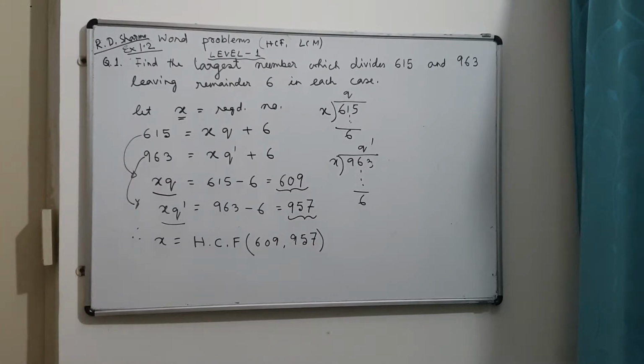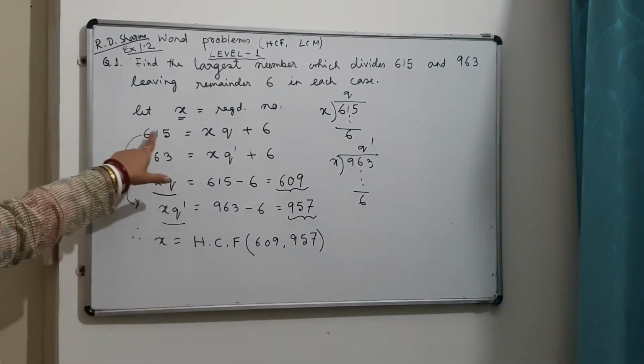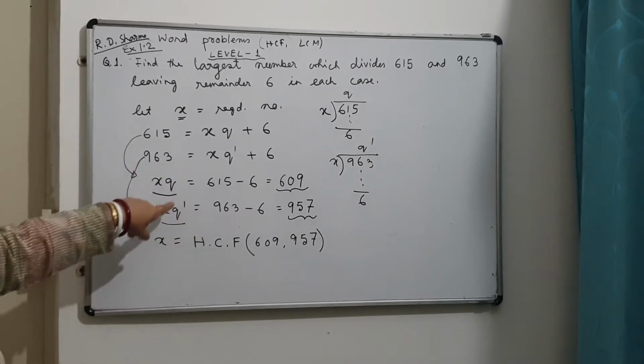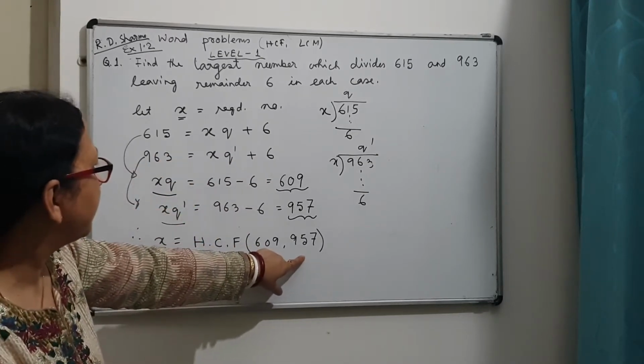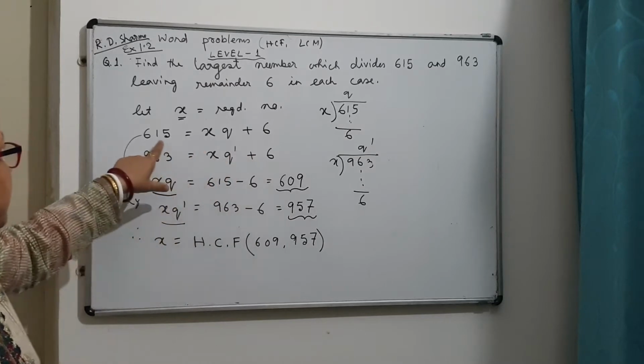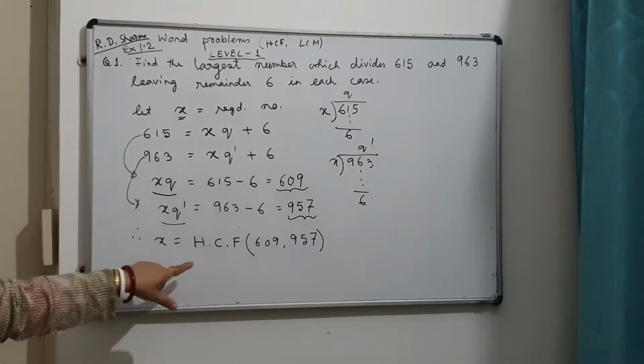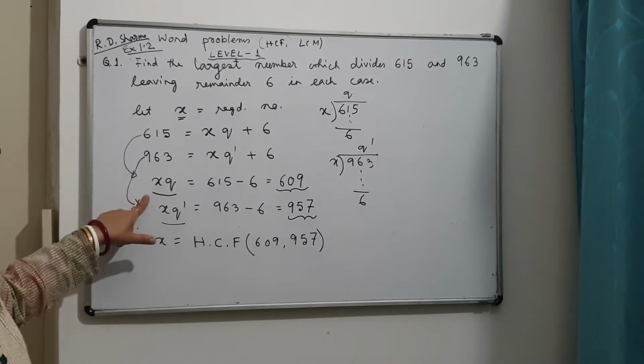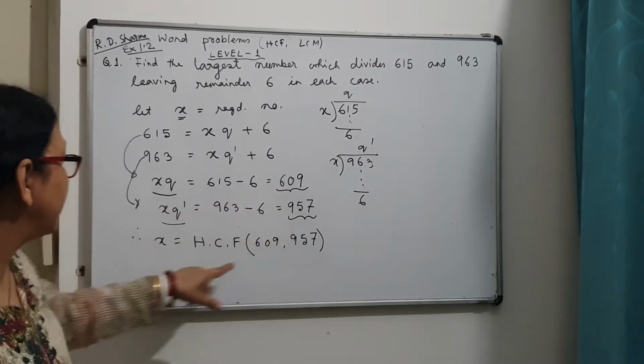This is the main thing you have to understand. Is it okay? So how are we getting these two numbers? By subtracting the remainders from the numbers. So these two numbers are multiples of x, and the highest common factor of these two numbers is your x.